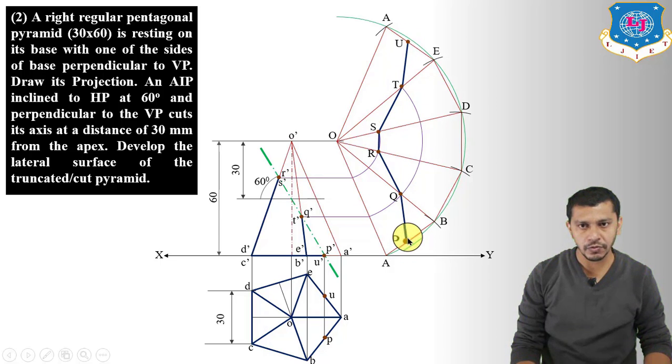Connect this point P to B, BC, CD, DE and EU, and also join QB, RC, SD and TE. So this will be our final development after taking the section of the pentagonal pyramid.